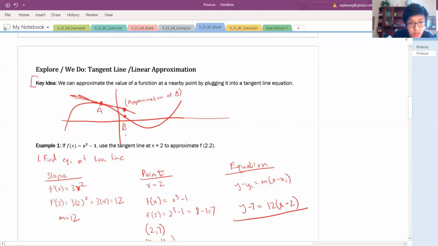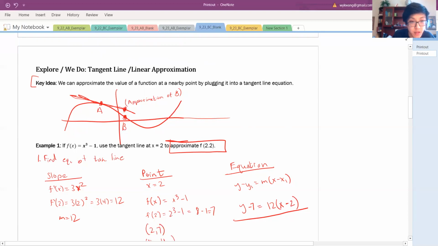How do I do that? I'm just going to plug the x value for b into my line, and then I can find the y value. This question is asking us to approximate f of 2.2. It actually lies on the function, but we're just approximating it using a tangent line.